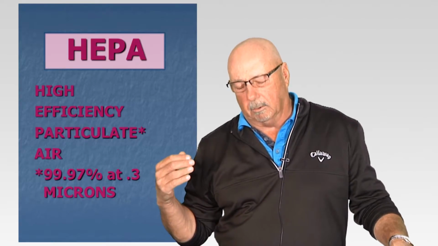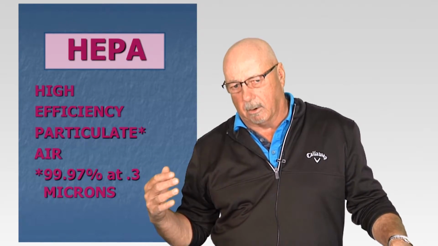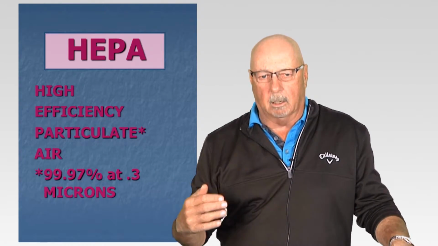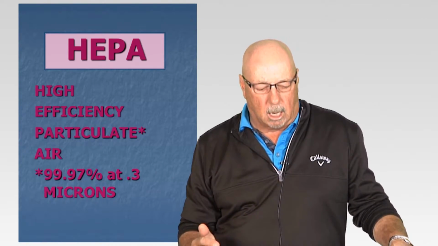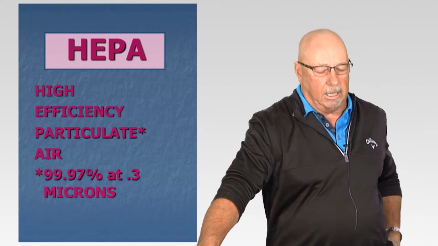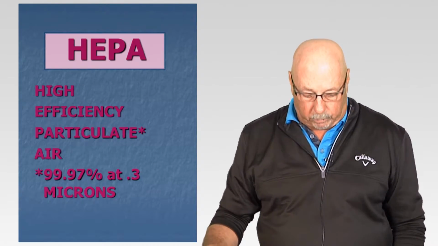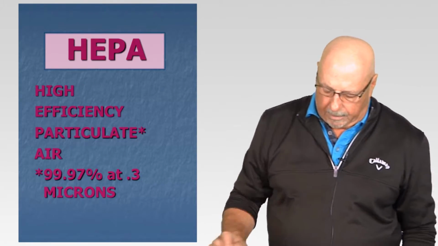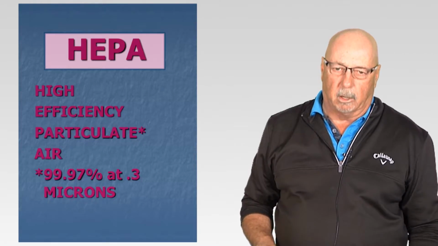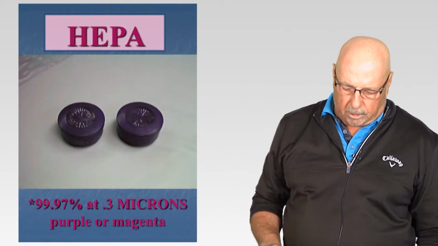So anything that's 0.3 microns in size or greater, this particular cartridge will filter out 99.97% of that contaminant. So you can see it's a very efficient type of respirator.